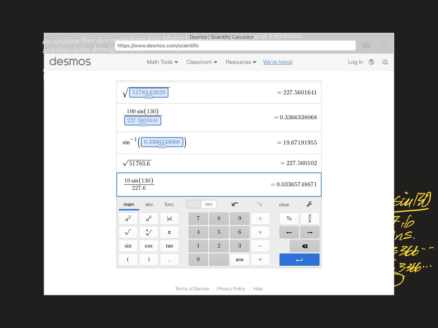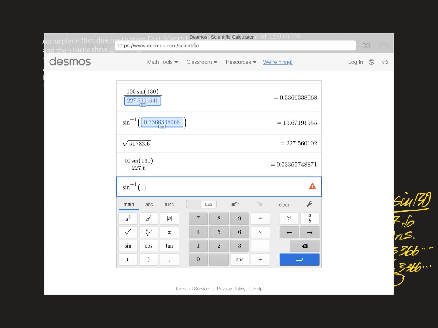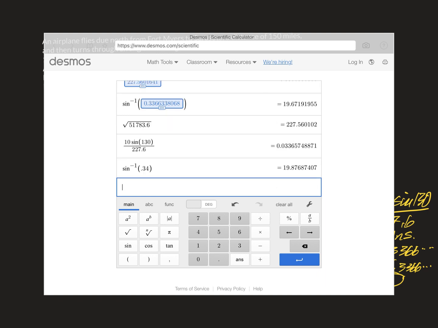Starting to change, the numbers are getting closer and closer, all right? And then we take the inverse sine of, and we round that off to say 0.34. All right. And if we do that, notice we get 19.87.